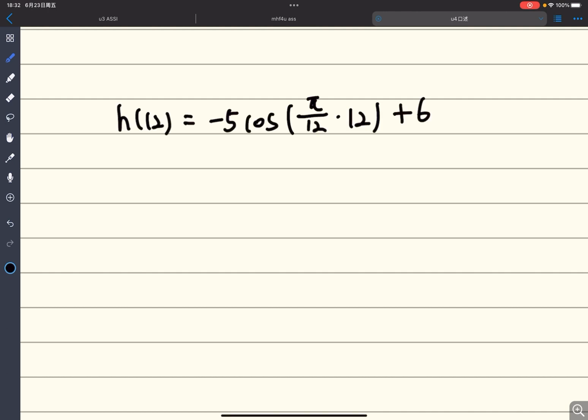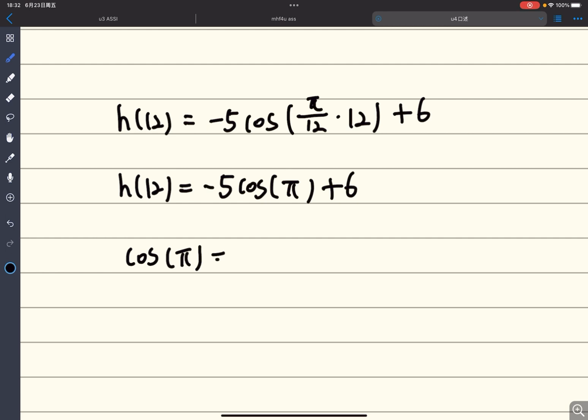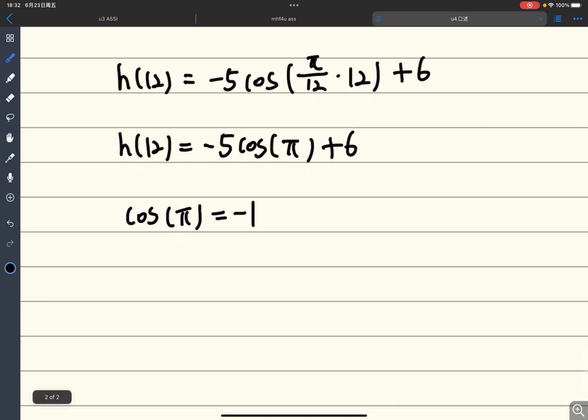Then the equation can be simplified, since cos pi equals minus 1. So we get the height is 11 meters. This is a good checkpoint because at this point in time, passengers should reach the highest point of the Ferris wheel.